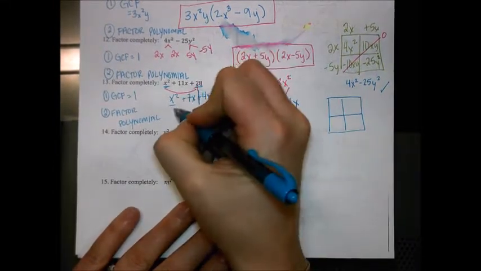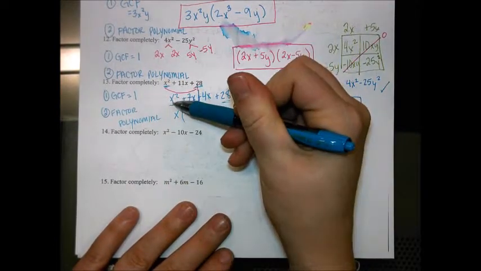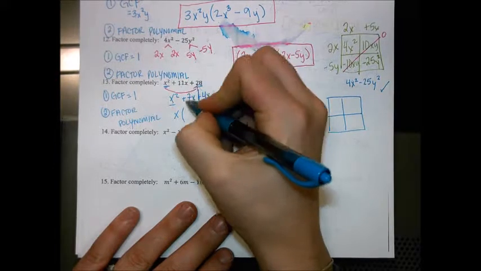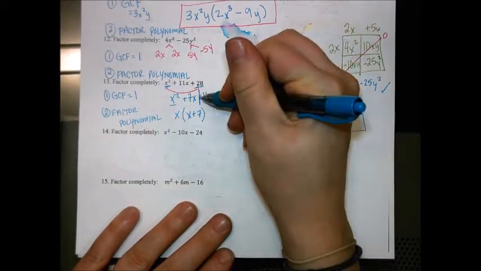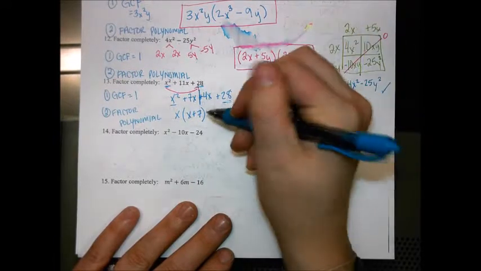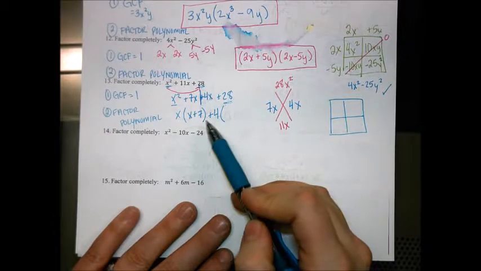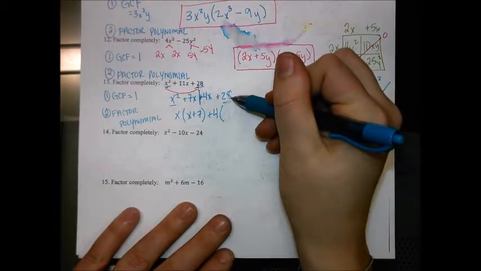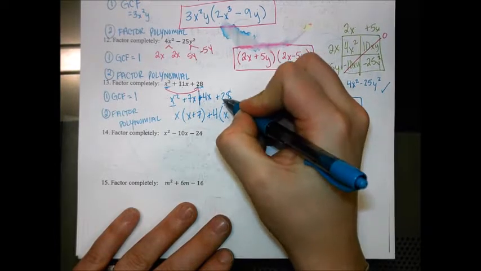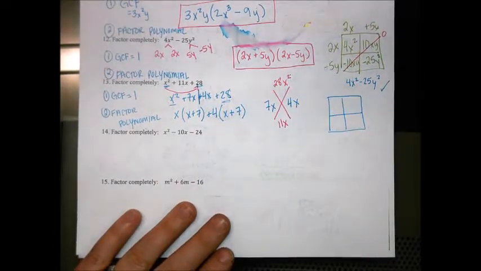My greatest common factor between x squared and 7x is x. And then I divide each of those by x, and I'm left with x plus 7. Over here, between positive 4x and positive 28, my greatest common factor is 4. So I write plus 4. Dividing each of these by 4, I get x, and 28 divided by 4 is 7, so x plus 7.